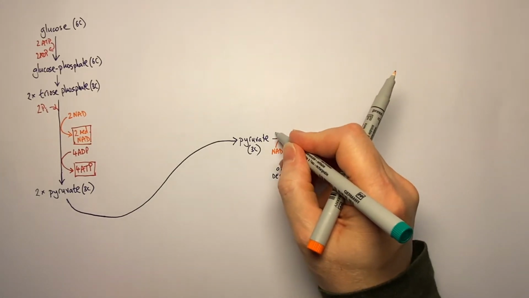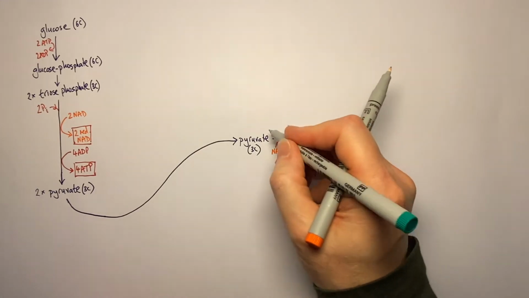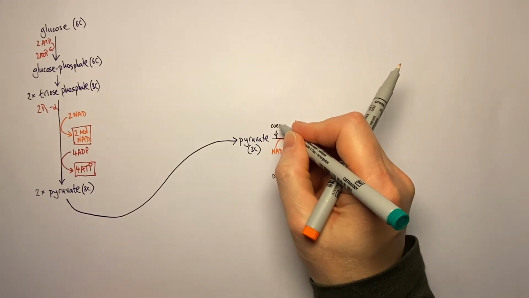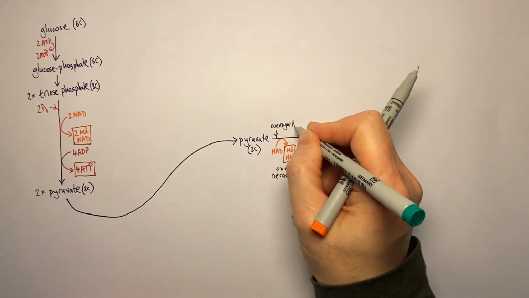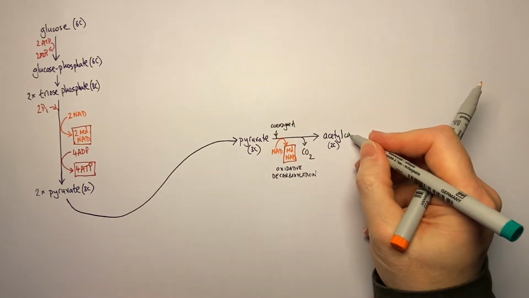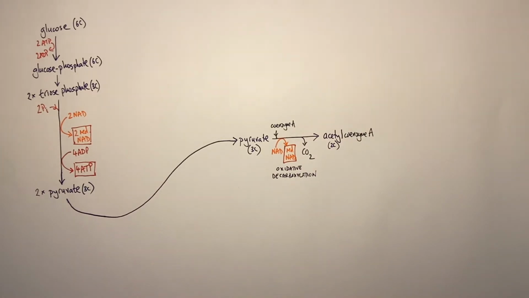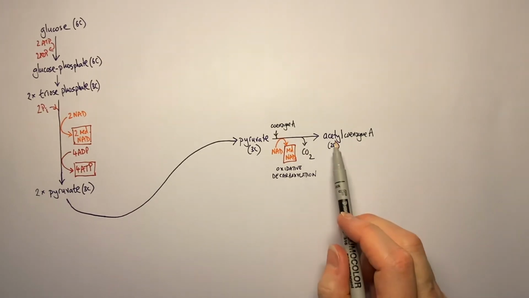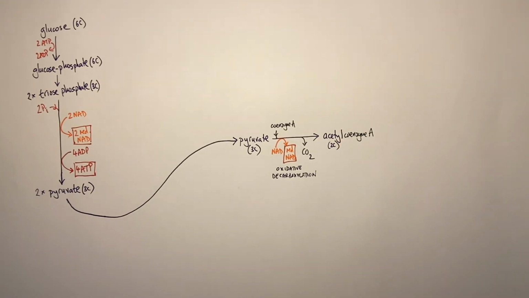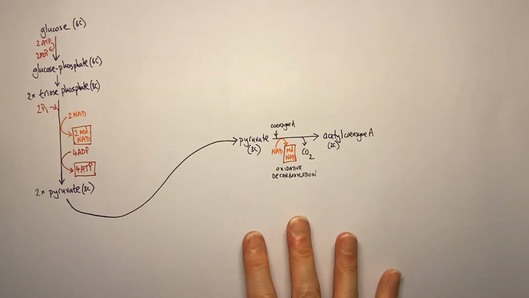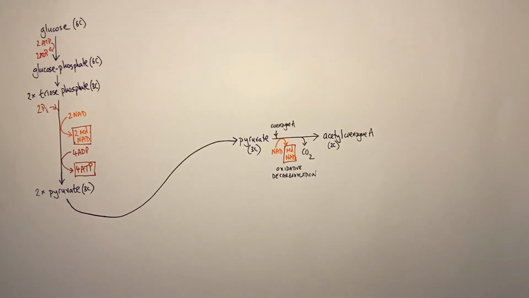So what comes in at this reaction is a substance called coenzyme A. So it's a coenzyme, and its job is to pick up acetyl groups. So these acetyl groups are attached to something and therefore can be used. So we end up with a substance called acetyl coenzyme A. And that is the link reaction.